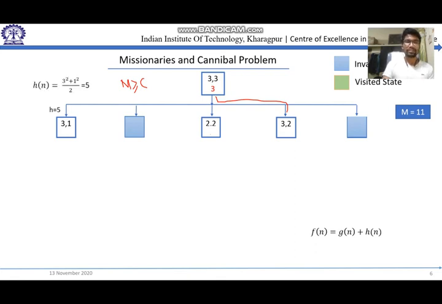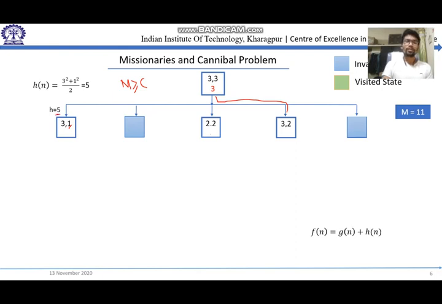For this particular problem, if we move one cannibal from the left to the right, then we will reach the state 3 2. But again here the 2 is less than 3, so it doesn't satisfy our constraint, so this state is an invalid state. So I will remove this.